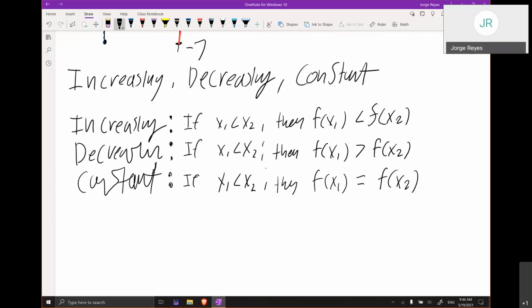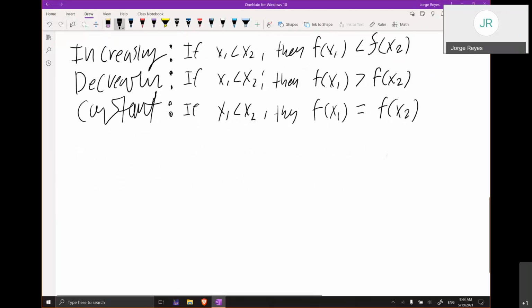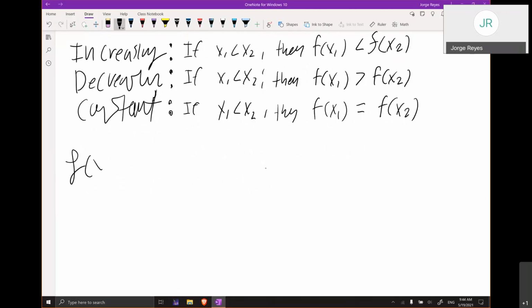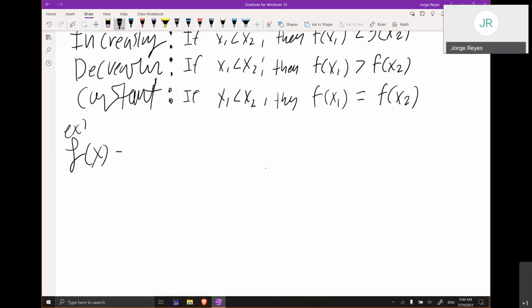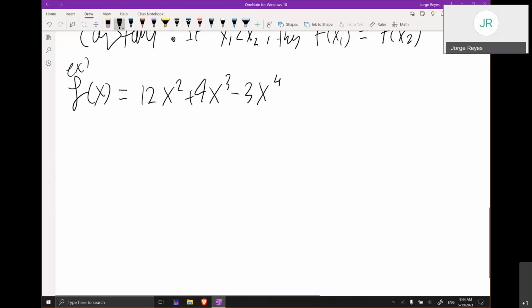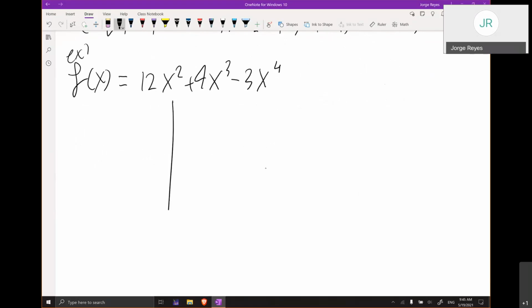So let's talk about a graph. Okay, here's an example. So here I have the function 12x squared plus 4x cubed minus 3x to the fourth. Okay. And it looks like this. Okay, so 0, 0. It's going to be a little difficult for me to draw.